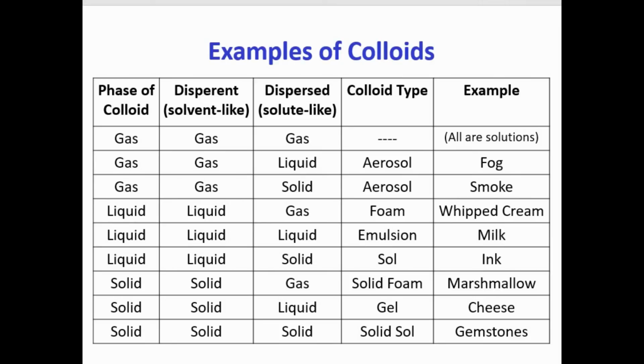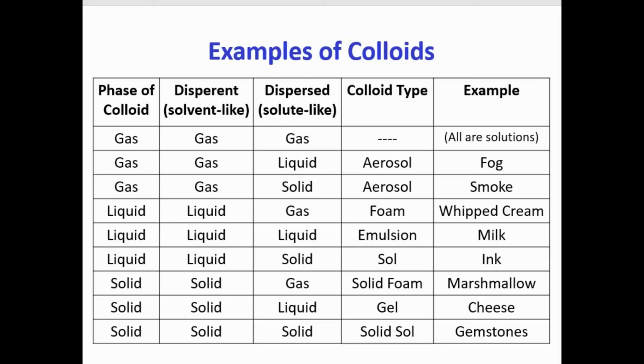Now, if our dispersant was a solid and it had some gas dispersed within that solid, we call that a solid foam, and that would be like a marshmallow. The marshmallows are solid, but there are gases trapped inside. We could have a solid with some liquids dispersed. We call that a gel. An example would be cheese.